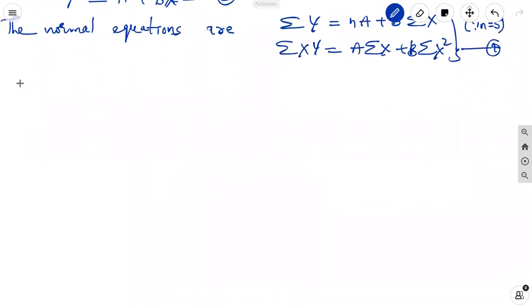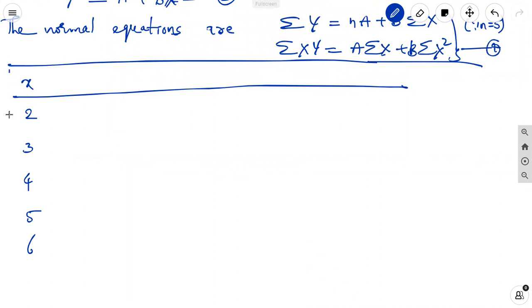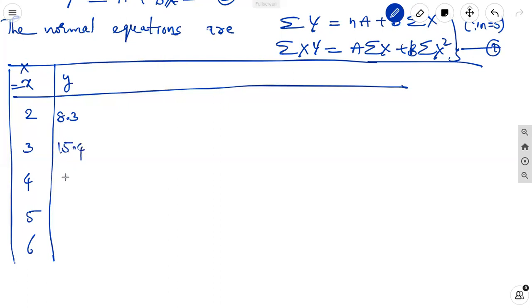Now we can take the data. The x values are 2, 3, 4, 5, 6. The small x is equal to capital X only. Next, the y values are small y equal to 8.3, 15.4, 33.1, 65.2, 127.4.